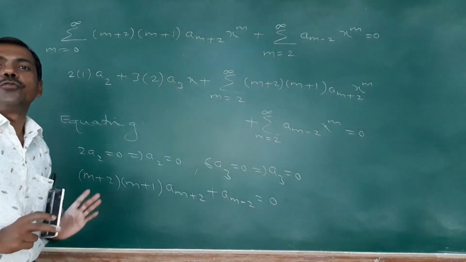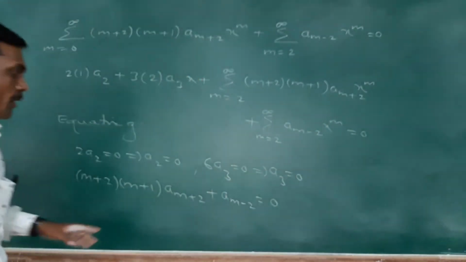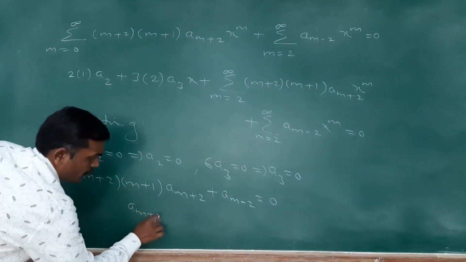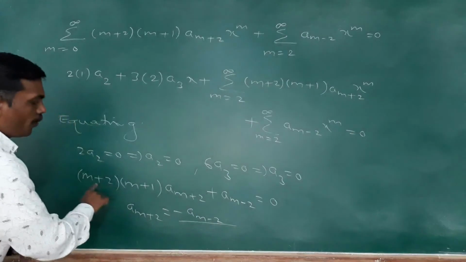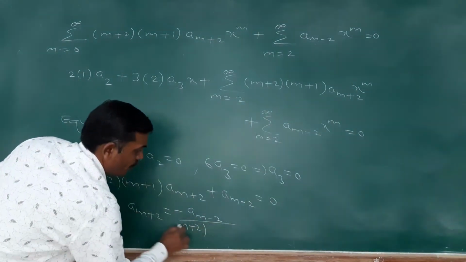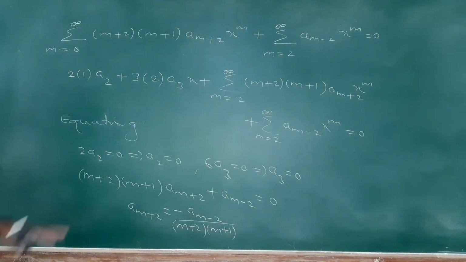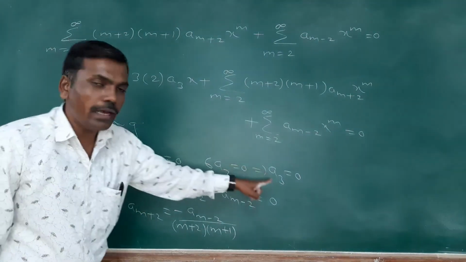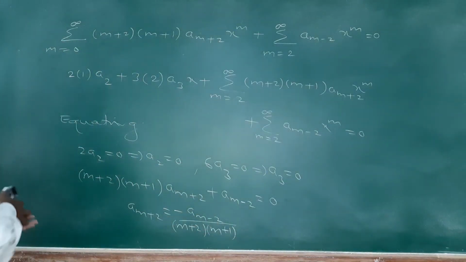Coefficient of x raised to m we have to write, no need to write the summation and everything. Now from this find the value of a_{m+2}. So here a_{m+2} is equal to minus a_{m-2} upon (m+2)(m+1). Already we have two values, which are a2 and a3. Now find a4, a5, a6.